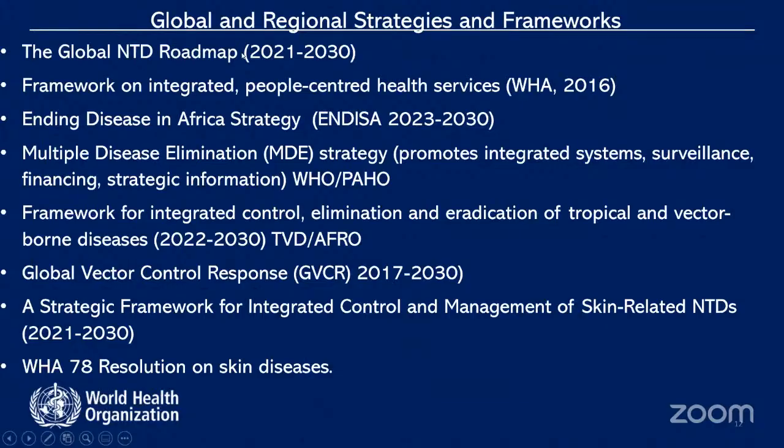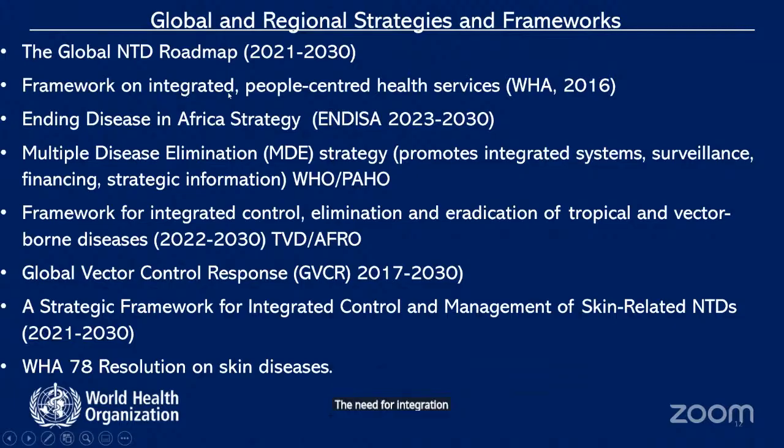So I mentioned the global and regional frameworks. There are so many frameworks and strategies for us. And many of these strategies and frameworks all virtually speak to integration. So for the NTDs, we have the global NTD roadmap, and it mentions the need for integration.